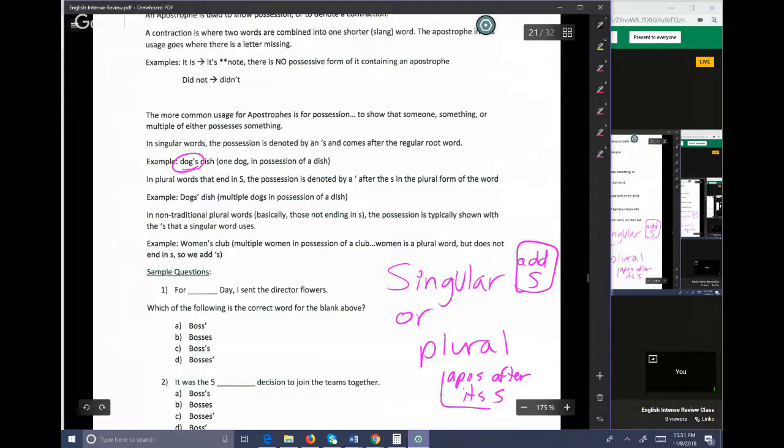That leaves one big glowing question. What if something's plural, but it doesn't end in an S? So when we think of S at the end of a word, we think of that making a word plural. Most words that are plural do end in S. There are, however, quite a few words that are plural that do not end in an S. What you might remember, hopefully you remember from English 1, is that that is going to fall into the singular category.